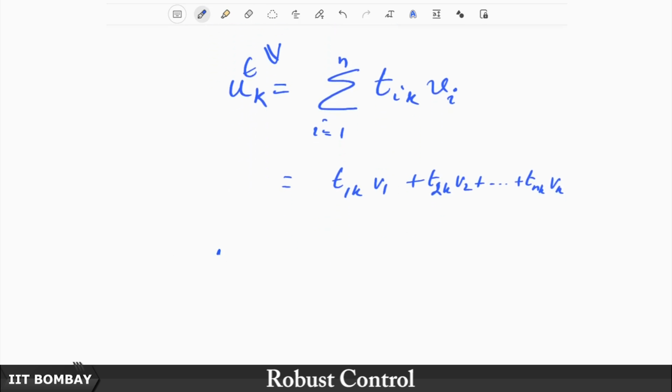In other words, if I want to represent the kth element in the new basis in terms of the old basis, here is what the representation would look like: T1k, T2k dot dot dot till Tnk.